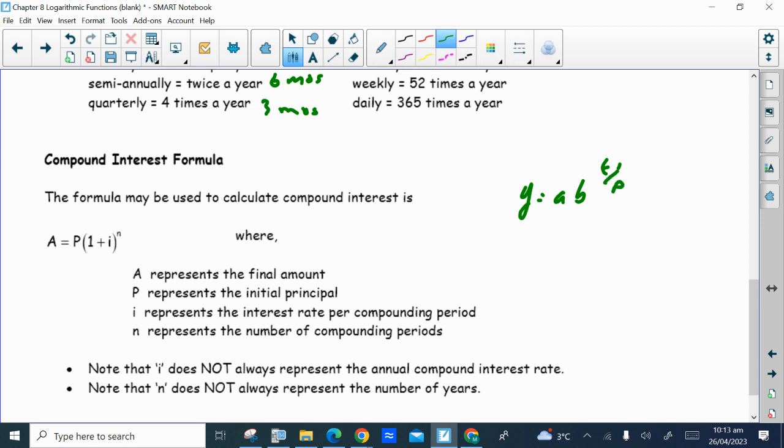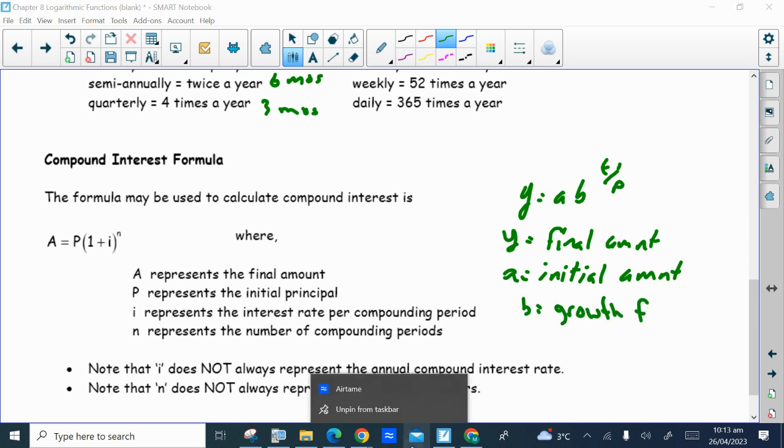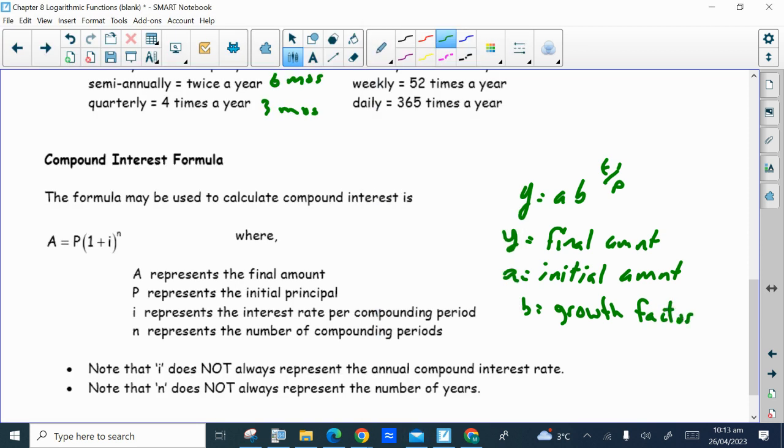So remember, Y is the final amount. A is the initial amount. B, remember, is our growth factor. So this is no different than what we used before for all of these parameters.